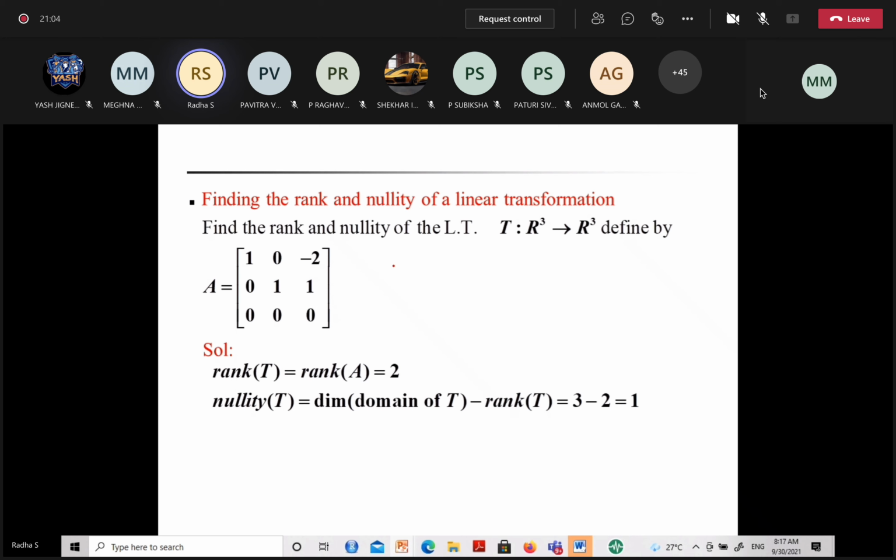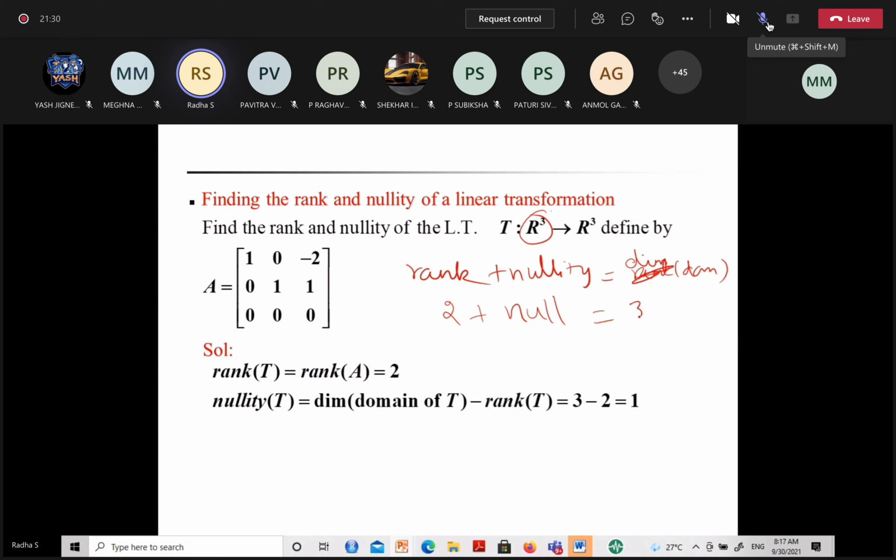Nullity I need. So what is the dimension of the domain? 3. So nullity is equal to 1.